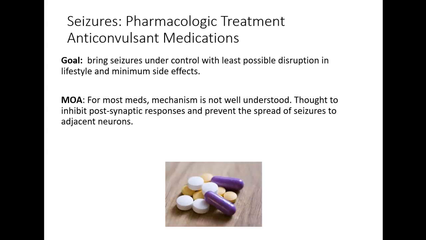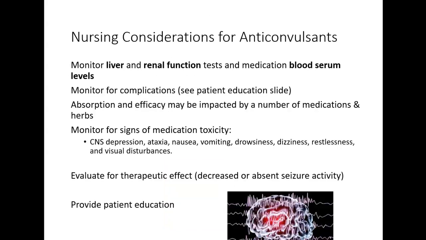You can't drive. If you're a parent of young children, you can't be left alone with them, right? What if you have a seizure and you're in charge of the baby? So it really is in the patient's best interest to work hard to find a medication or a set of medications that work to treat seizures.